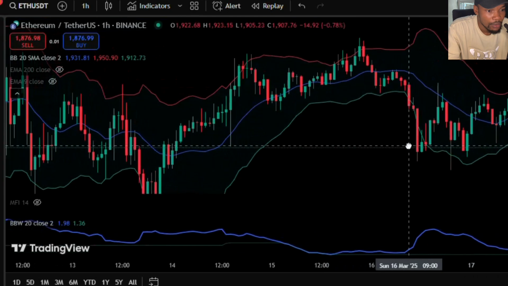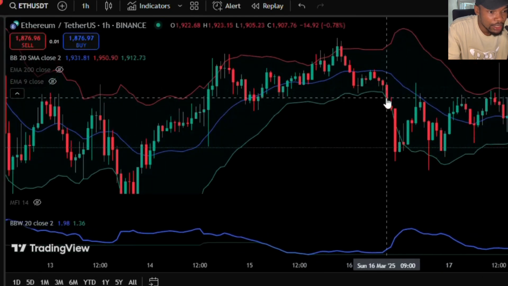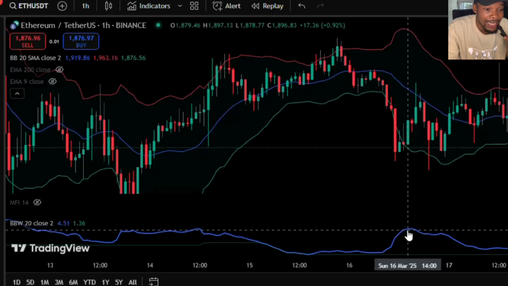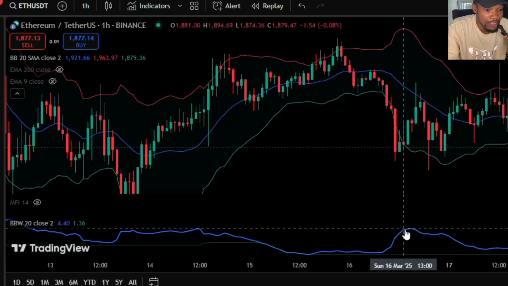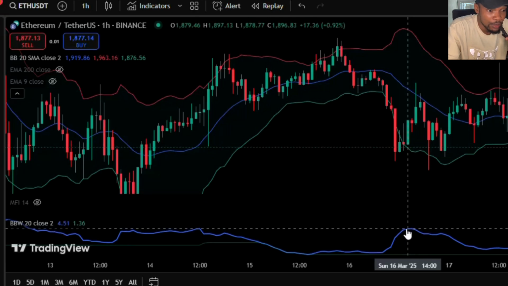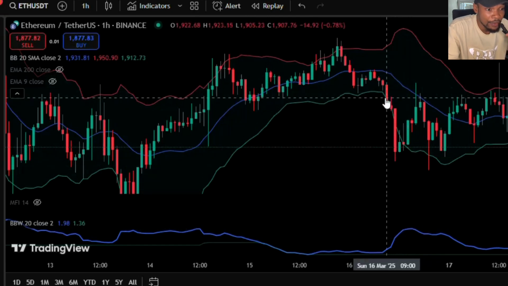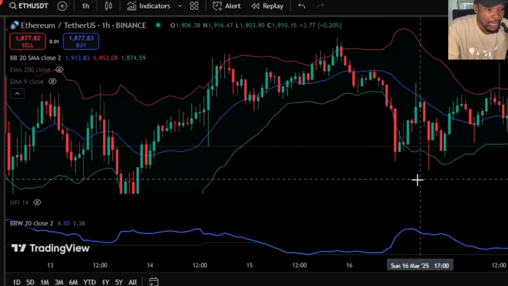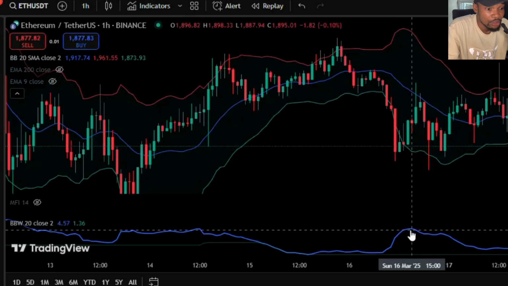So when we entered at this point, you can see we would have sold somewhere here, and I mentioned to always sell at the peak of this band, of this BBW sign. Okay, you'd have entered somewhere here, which is a good sign, and you'd have sold somewhere here, which is just at the peak.